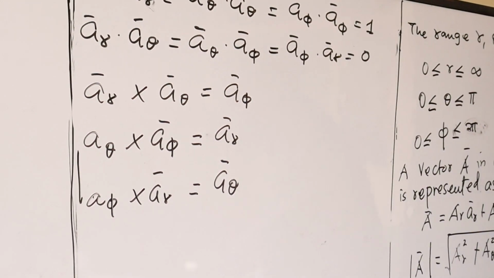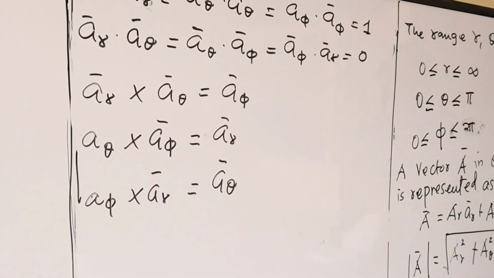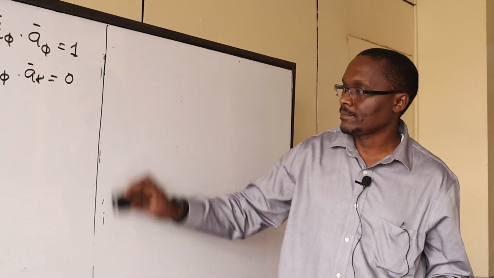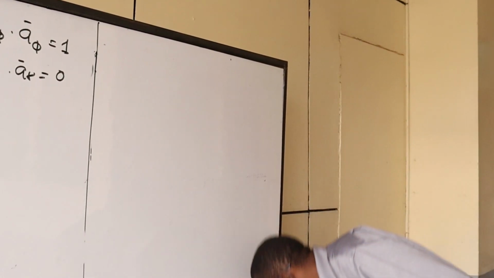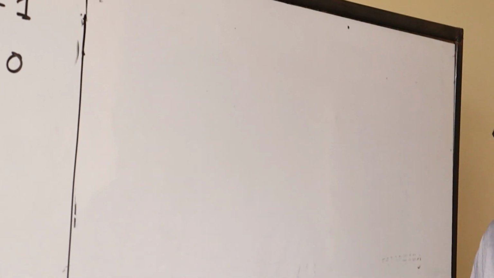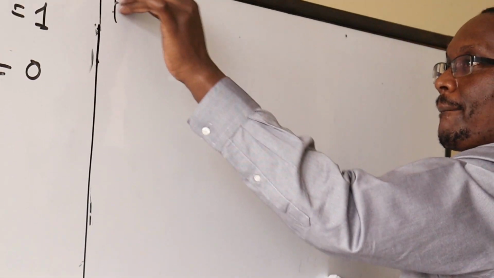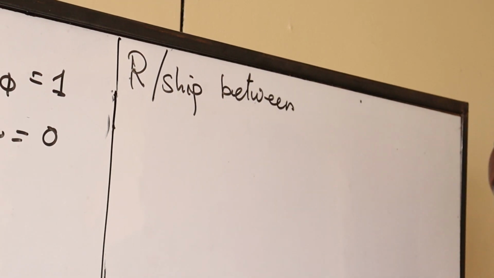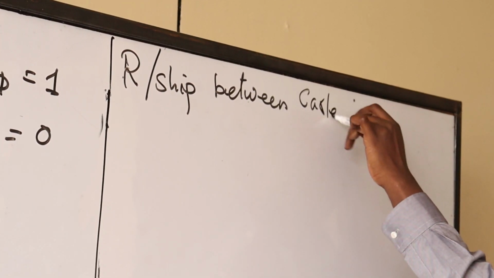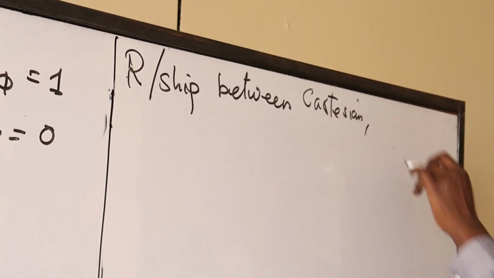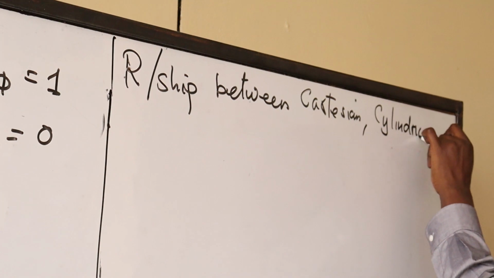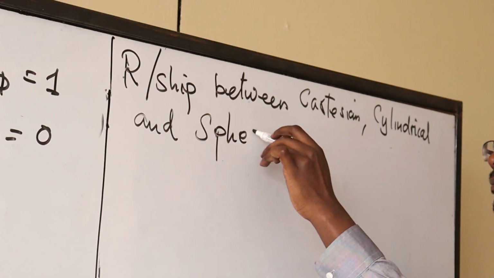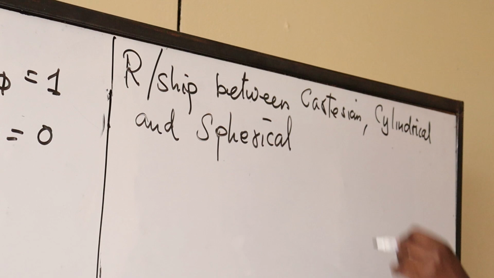So now we want to again look at the relationship. The relationship between Cartesian, cylindrical, and spherical coordinates.